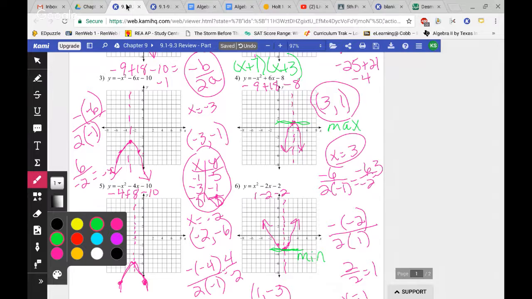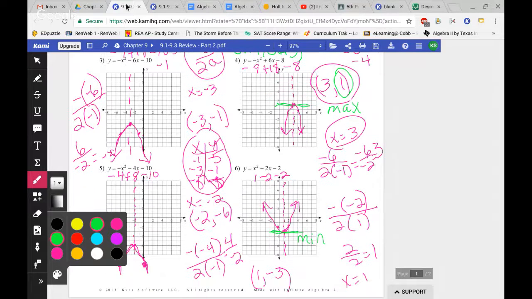The x-coordinate is the axis of symmetry, and the y-coordinate of the vertex is the minimum or maximum value. So on number 4, the maximum value is 1. On number 6, the minimum value is -3.